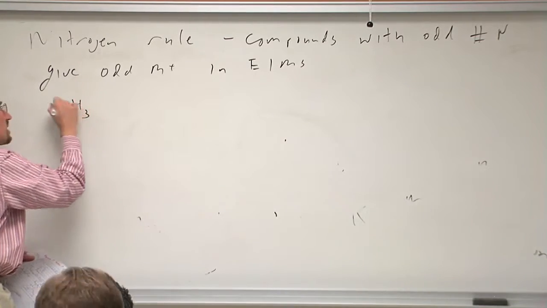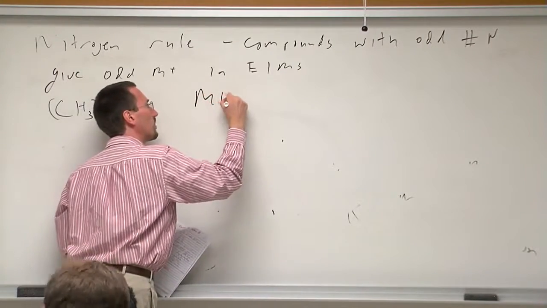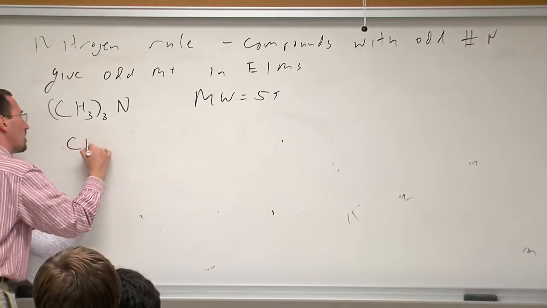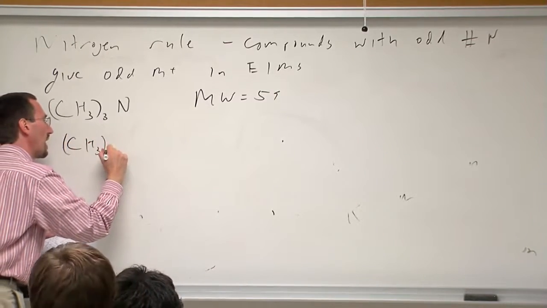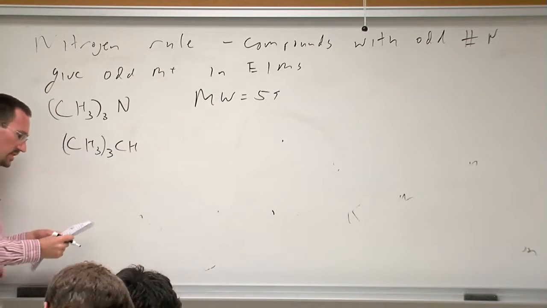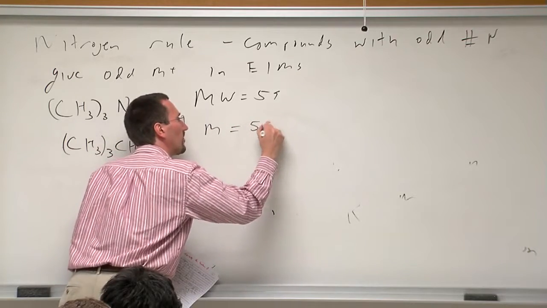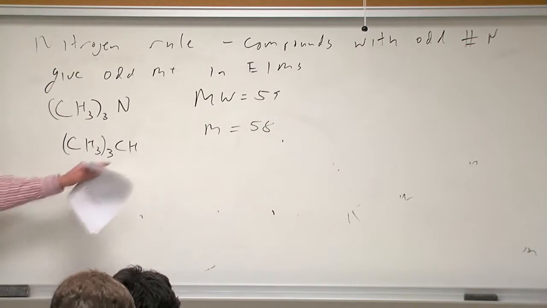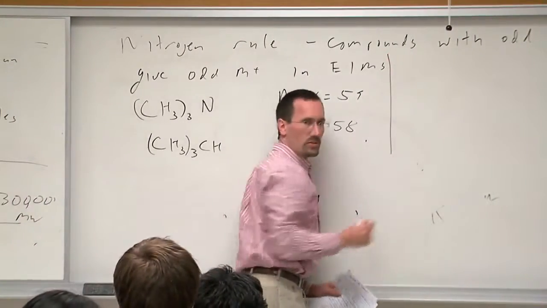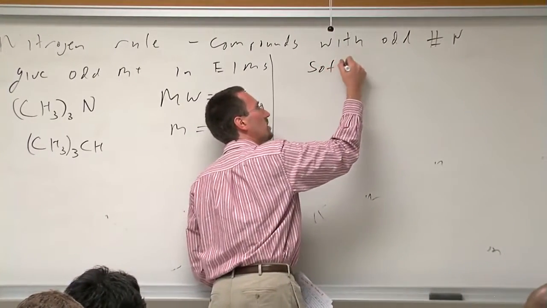In other words, if you look at trimethylamine that contains one nitrogen, its molecular weight is 59. If you look at isobutane, which contains no nitrogens, it has a molecular weight of 58. And you'd say, okay, that's in the EI mass spec, and everything turns on its head in the soft ionization.